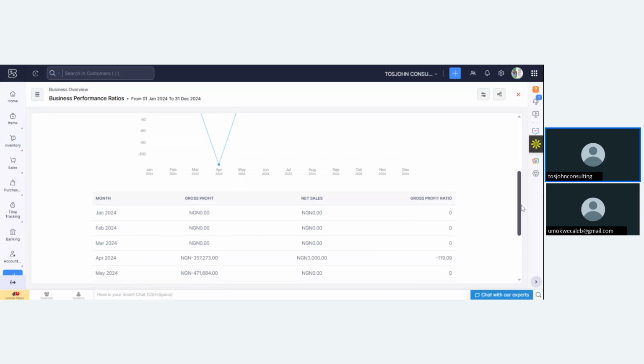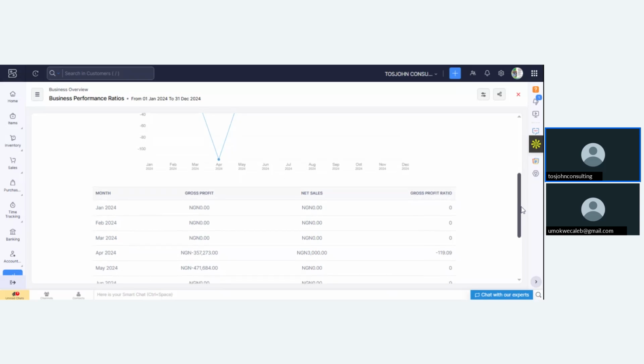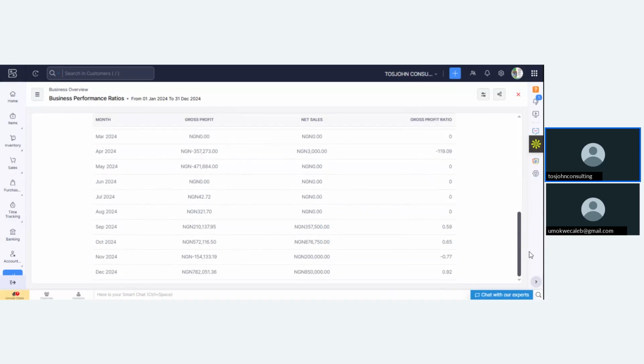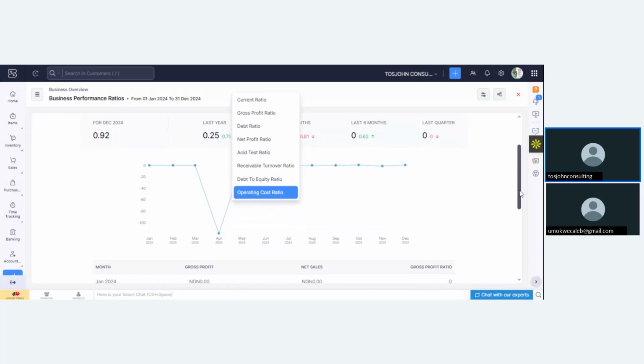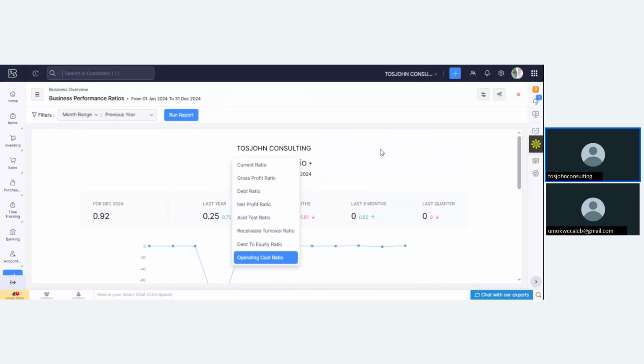Gross profit against sales, against net sales. So you can use it to show the relationship between them, right? Then your debt ratio, net profit ratio, asset test ratio, receivable turnover ratio, debt to equity ratio, operating cost ratio. So many ratios you can use, to show the relationship between one account against the other account, one ledger against the other ledger, so that you will know that your business is in a good position, the performance is okay, is fine.